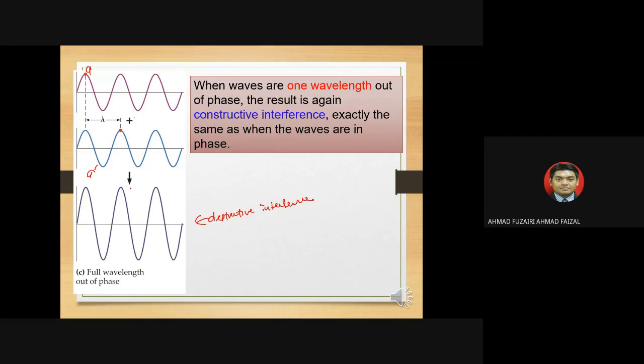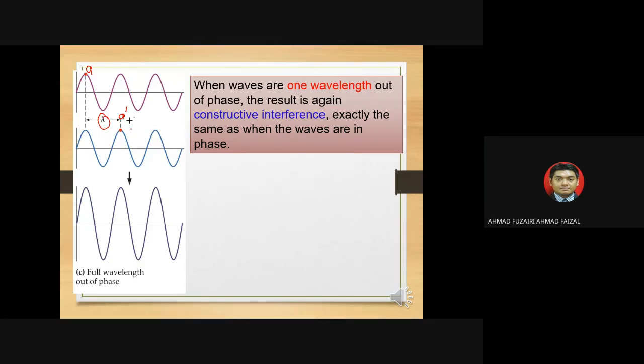So now, this is A prime, this is point A for graph number 1, and for graph number 2, the A prime will be one wavelength away, one wavelength out of phase. Meaning that graph number 2 started one wavelength earlier compared to graph number 1.